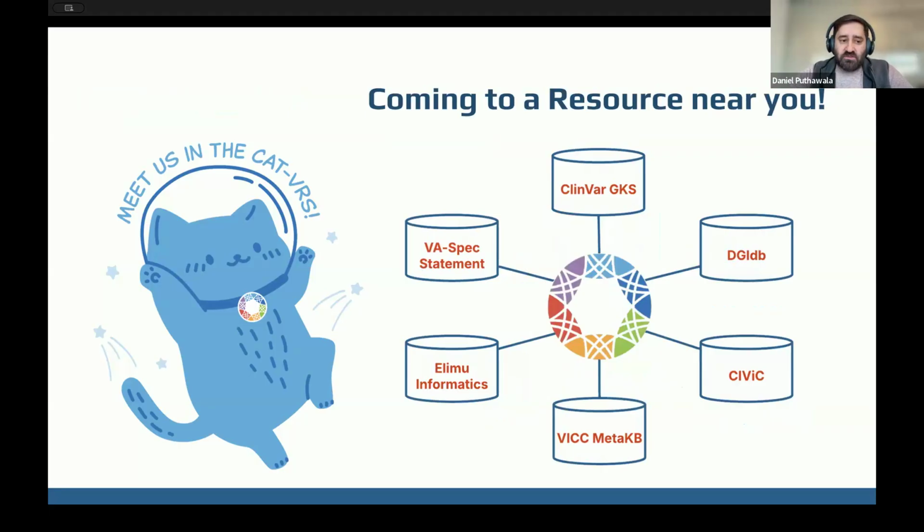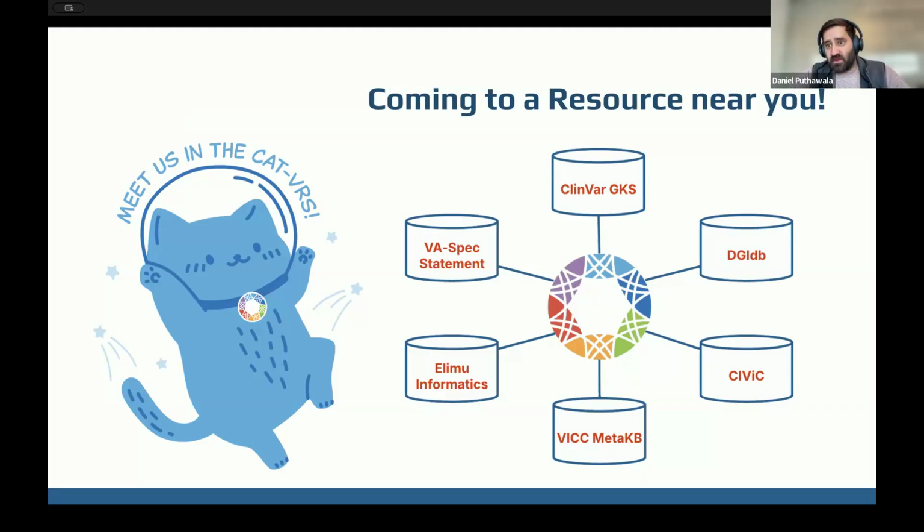Since Cat-VRS was released, we also are bringing it to a lot of knowledge bases near you and other resources. There's been a lot of interest in using Cat-VRS because of the benefits it brings to search and curation, and so look for it in a resource near you soon. Currently, it's live in ClinVar GKS, and it's slated for inclusion in future versions of DGIdb, CIViC, as well as the VICC MediKB.